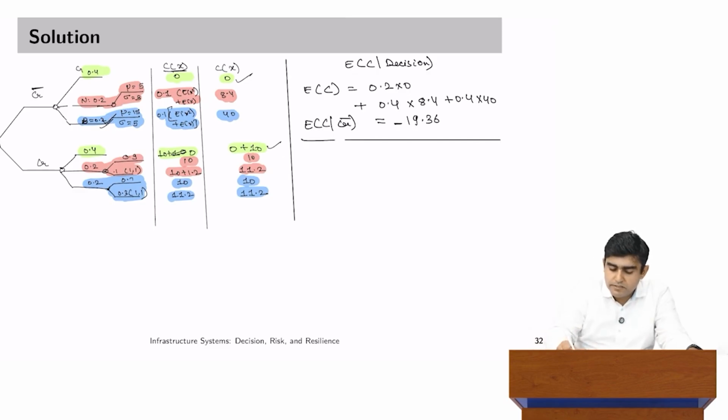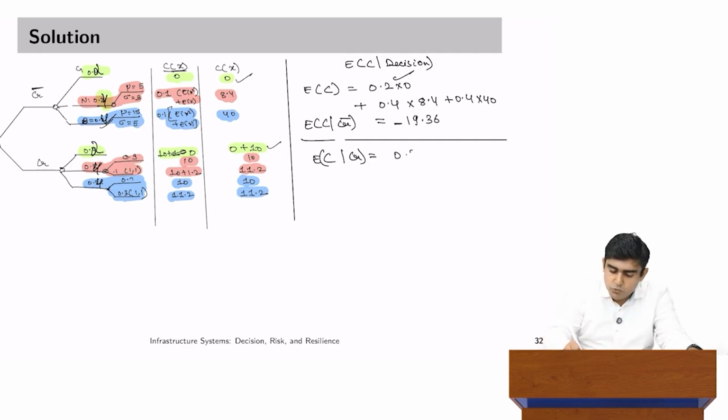Now, when I move to the next part, expected cost when crash program is launched. So, I would have 0. I think this should be 0.4 by the way, chance of bad weather is 0.4, and this is 0.2 and hence this is 0.2.